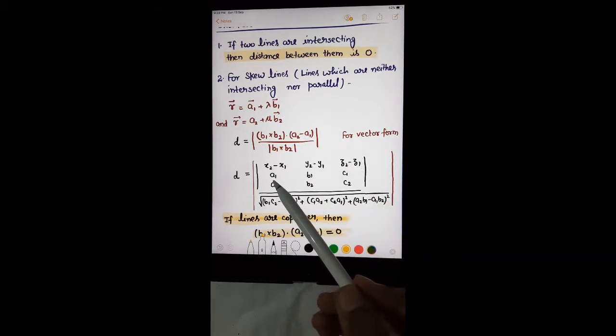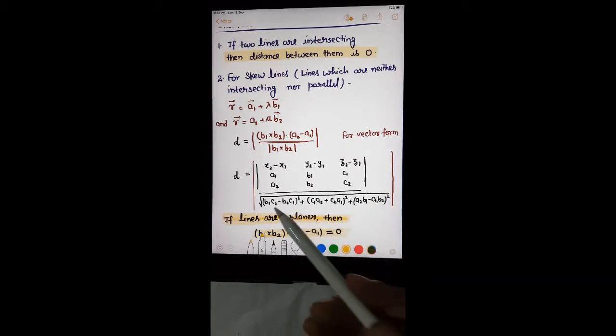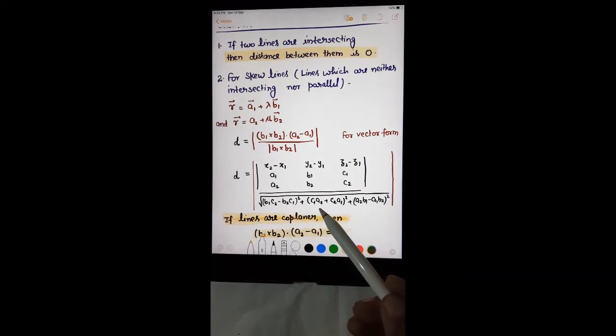In the second row, elements are a1, b1, c1, which are the direction ratios of the first line, and in the third row a2, b2, c2, which are the direction ratios of the second line, divided by the square root of (b1 c2 minus b2 c1) whole square plus (c1 a2 minus c2 a1) whole square plus (a2 b1 minus a1 b2) whole square. So the magnitude of this quantity is the distance between two skew lines.